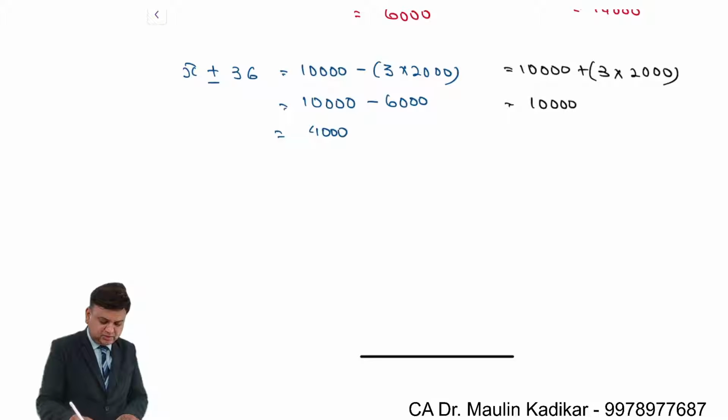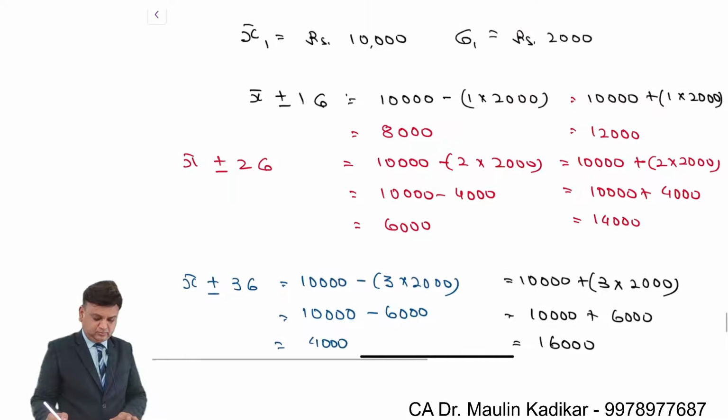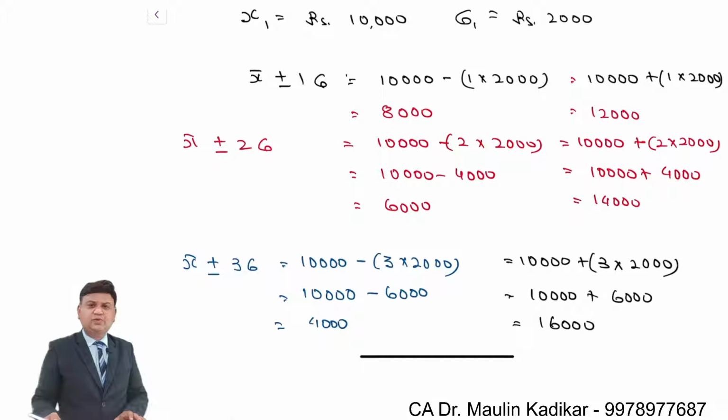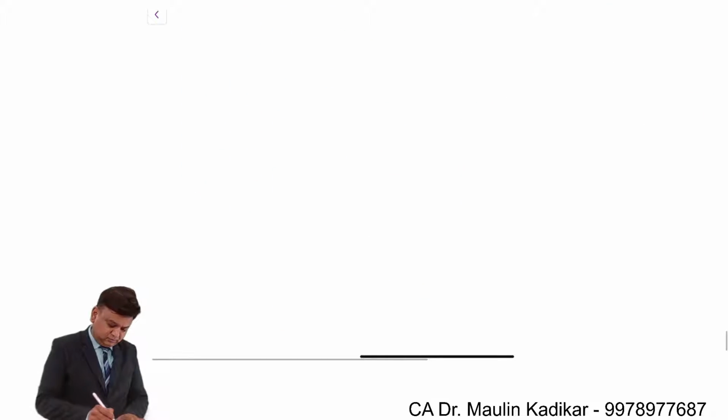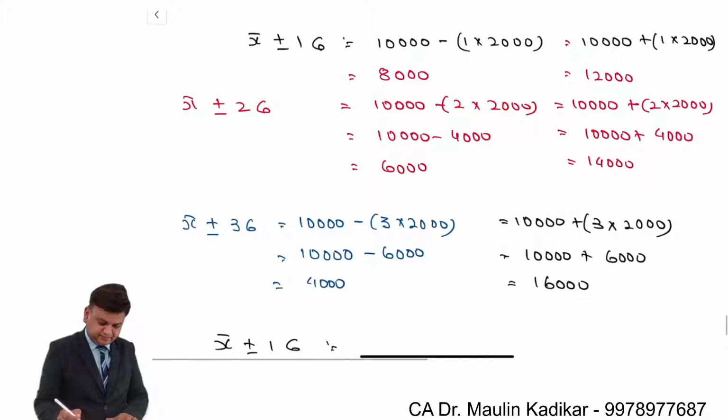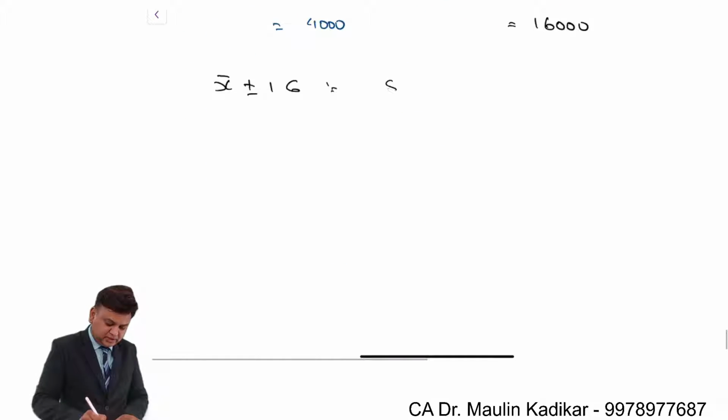So 10,000 plus 6,000. That comes to 16,000. This is what I have calculated. So we can say that the x bar plus or minus 1 standard deviation is 8,000 to 12,000.